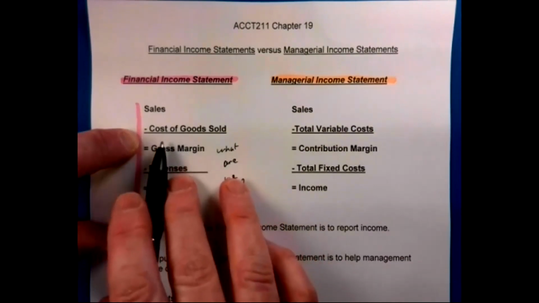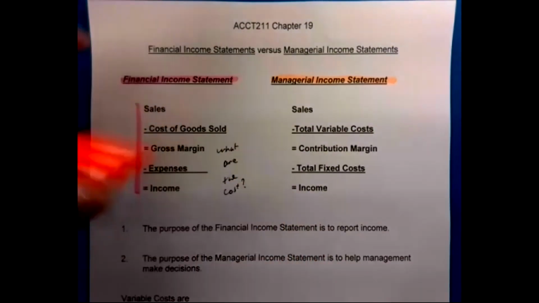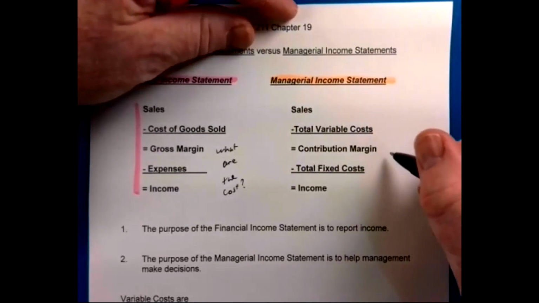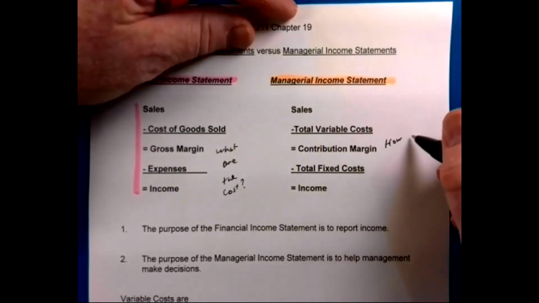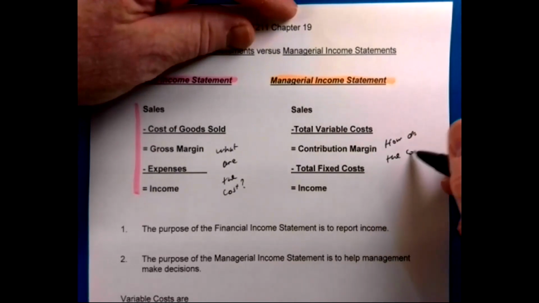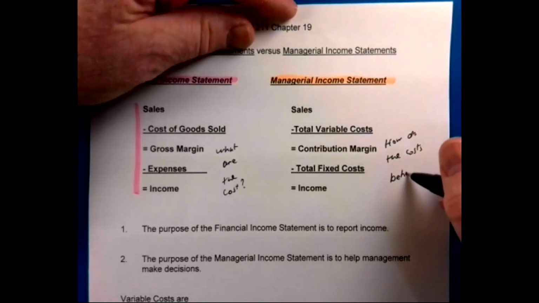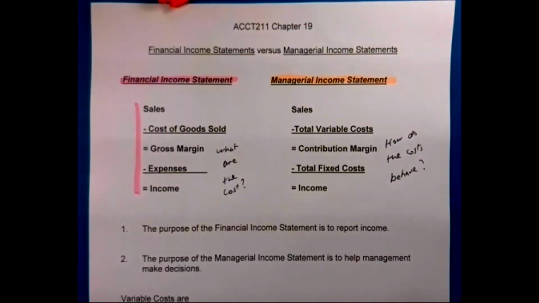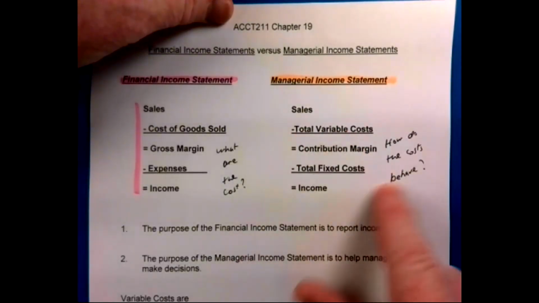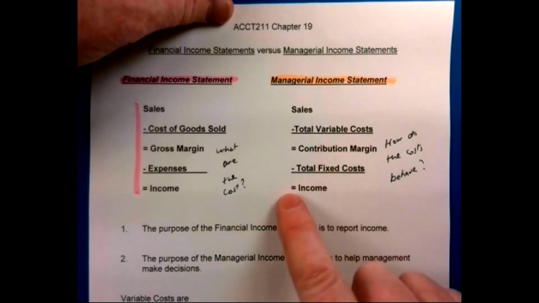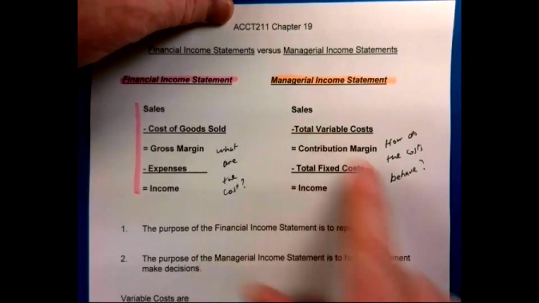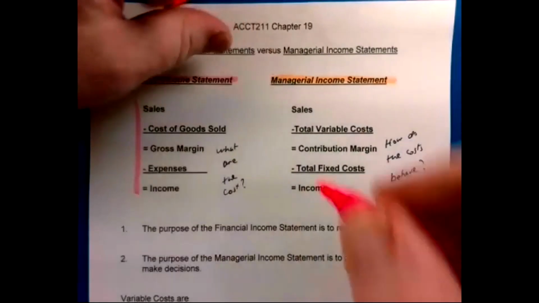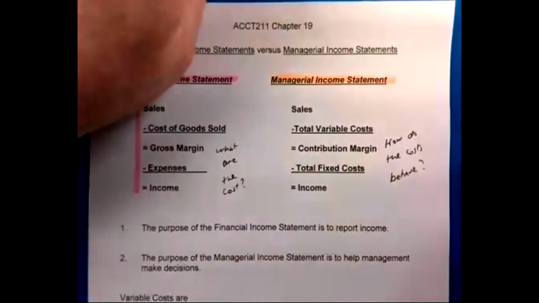How much do you have in overhead and all that kind of stuff? Over here, your question is, how do the costs behave? And we really don't care what they really are. We only care how they behave. As production goes up, which costs go up, and which costs stay the same?